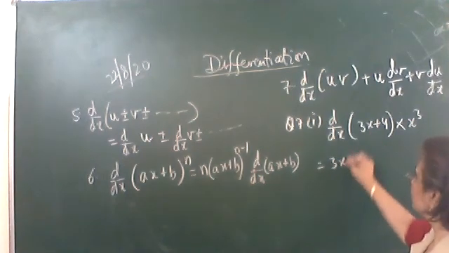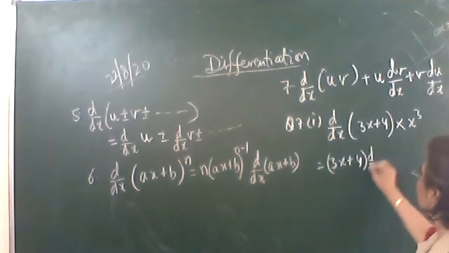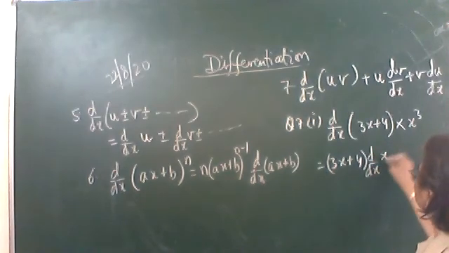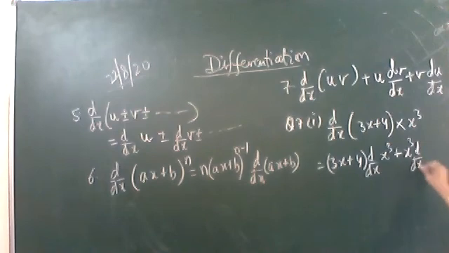U as such, 3x plus 4, d by dx of x cube, plus the second function as such, x cube, d by dx of 3x plus 4.